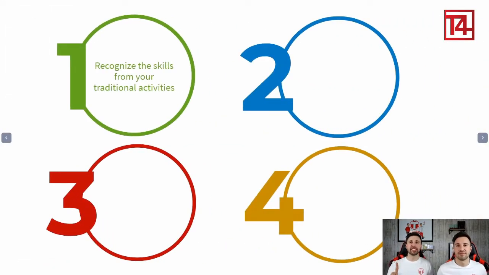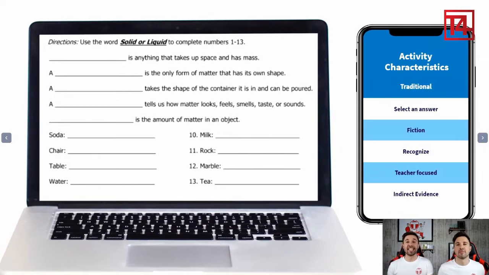The first step is to recognize those skills that we are asking our students to use in our traditional activities. In this case, we are talking about a science test. The only thing we are asking students to do is to memorize the content and select an answer.